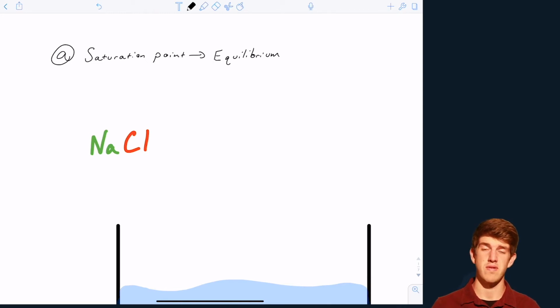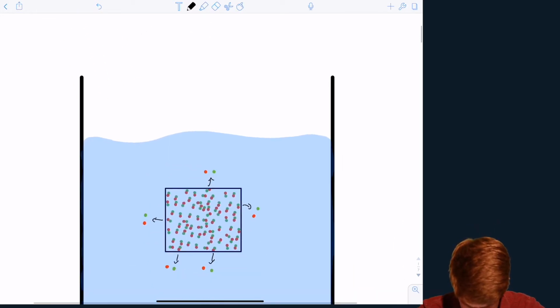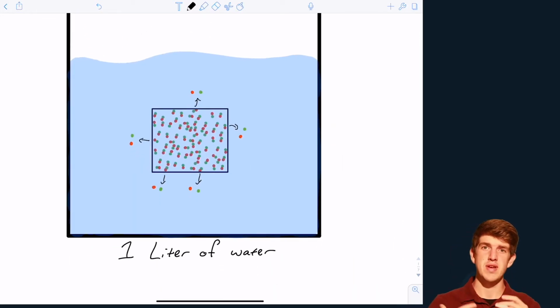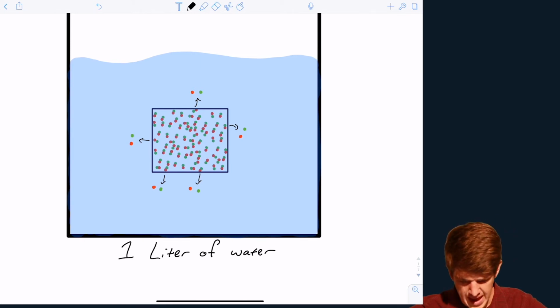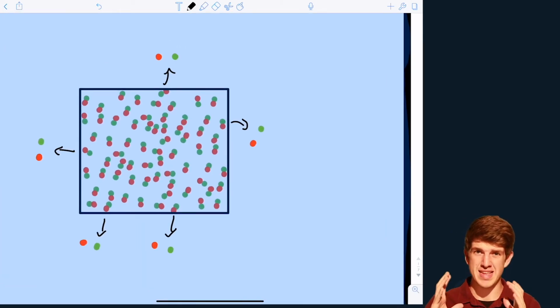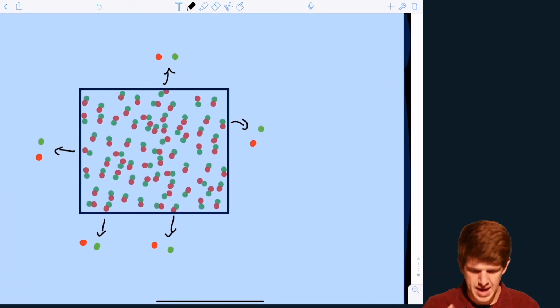But what is at equilibrium? Well, let's say when I dissolve NaCl into water, I have so much salt that some doesn't dissolve. That salt that's sitting there isn't just sitting there unreactive. That salt is actually still dissociating into the water. But what's interesting is that for every single particle that you dissolve into the water, one Na+ and one Cl- is going to precipitate out of the water. At the equilibrium point, I'm at my saturation point. I have the max number of ions that this solution wants to have.